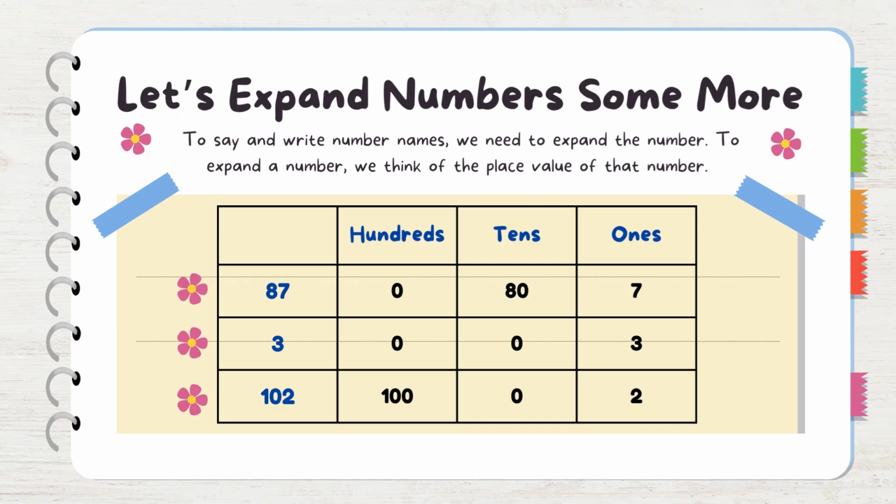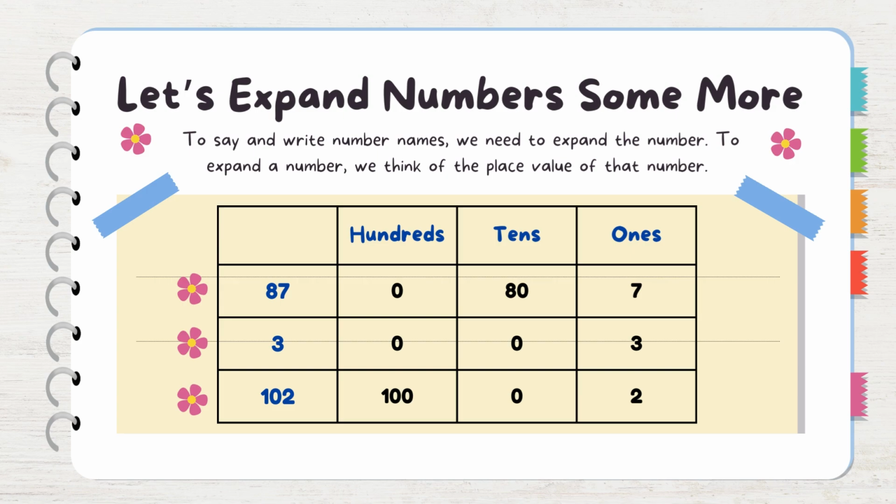Okay, so let's expand numbers some more. To say and write number names, we need to expand the number. And to do that, we think of the place value of that number. So for example, we have 87 and it's 80 is in the tens place and 7 is in the ones place. So that's 87.